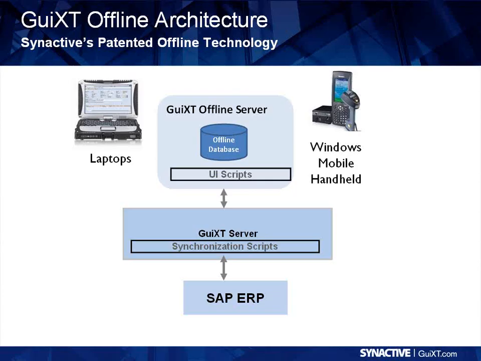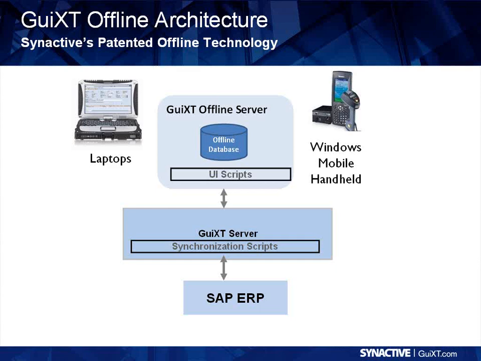The second component, the offline server, is built on our same JavaScript WS64 platform, and it is housed on the actual client system where the offline transactions will be performed. This system can be either a handheld, such as a Windows-based portable phone, or a laptop computer.